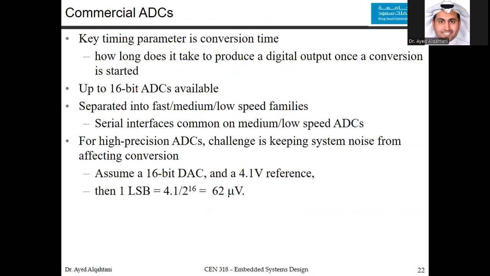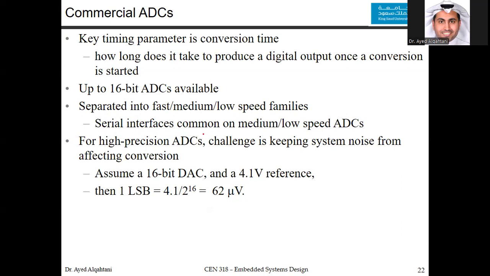There are actually up to 16-bit ADCs available. So you can have maybe 8 bits or 10 bits or 12 bits or 16 bits. That's the common resolution. It's separated into fast, medium, and low speed families.